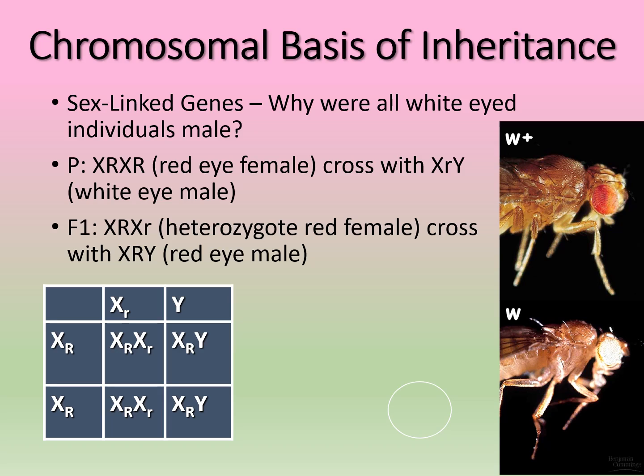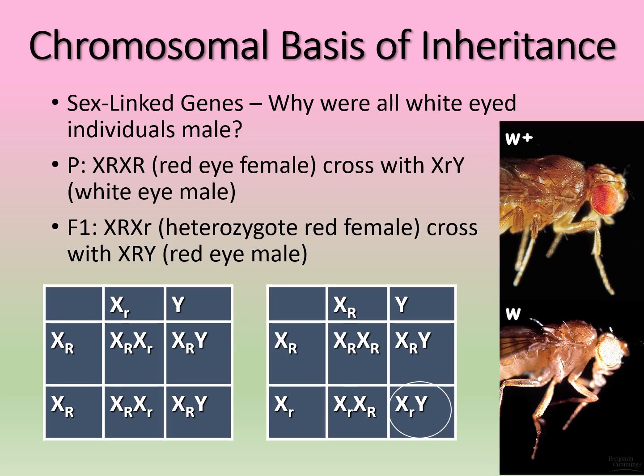But what happened with the F1 generation? So now he's crossing that heterozygote red-eyed female, XR big R, XR little r, right? With a red-eyed male. So all the males from the first generation were red. And this is what he got, right? So now we have the females are all red-eyed, right?